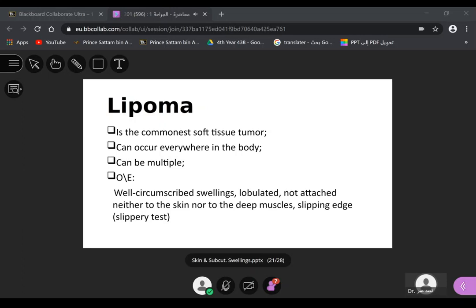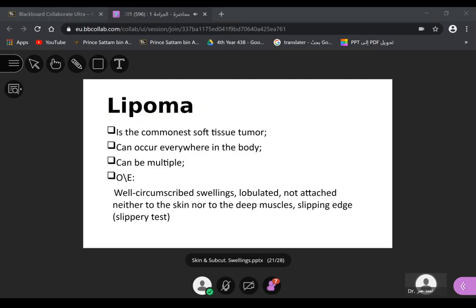It can happen everywhere in the body, particularly at the back of the neck, in the upper part of the back, and in the shoulder areas. Sometimes they can be single, sometimes multiple. The patient might have more than one swelling in his body.